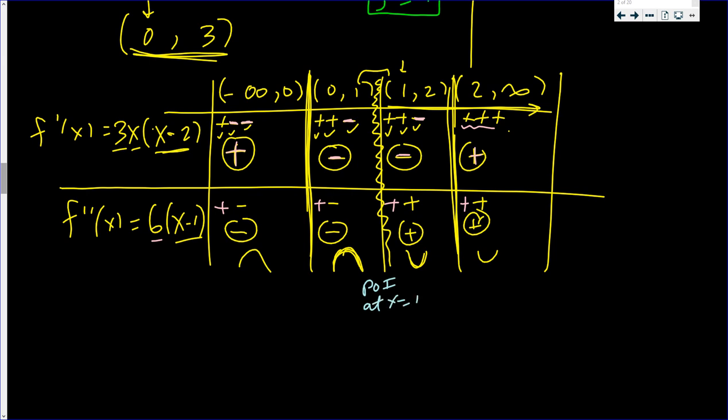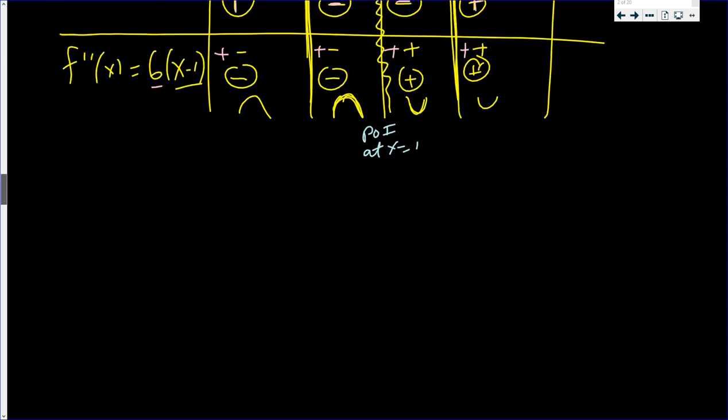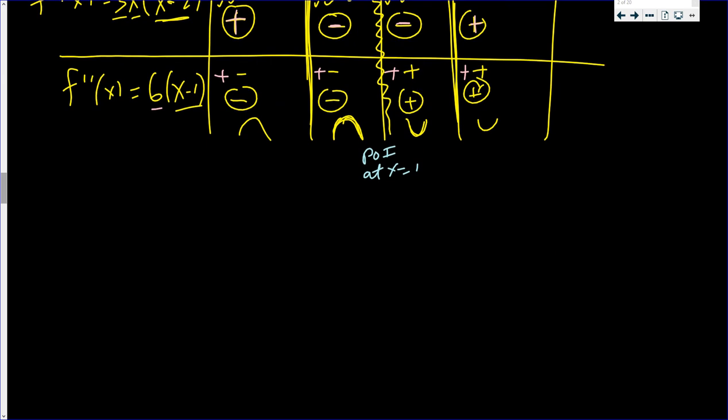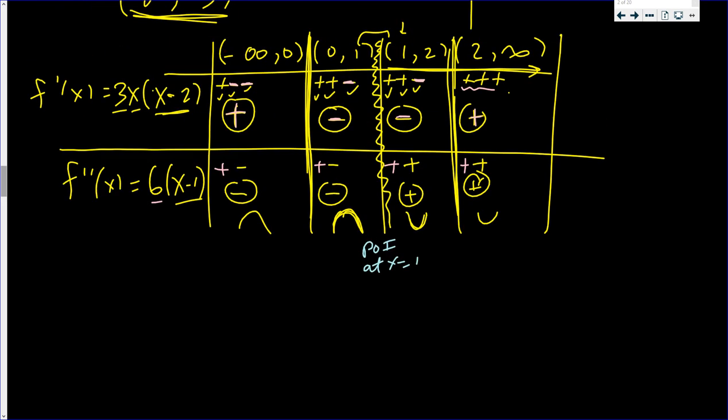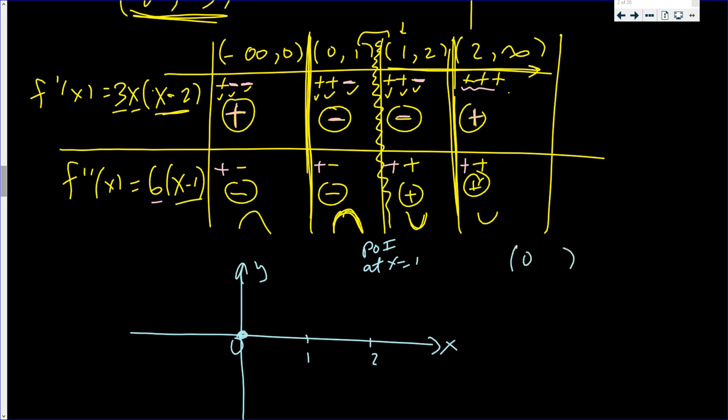Okay, let us plot all the points that came up. Let's move this up a drop. We have things going on when x is 0, and when x is 1, and when x is 2. Now, what are those points? When x is 0, what did we get?